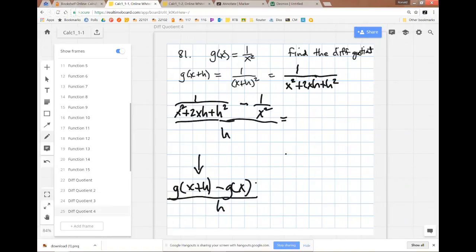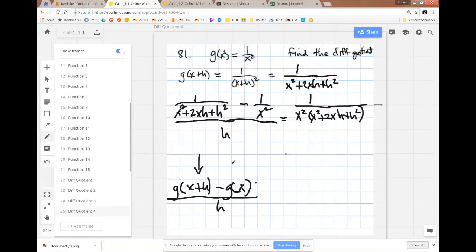In order to get a common denominator, I take this first fraction times x squared, and this fraction over here times x squared plus 2xh plus h squared. So we've got 1 over x squared times x squared plus 2xh plus h squared. So that's the new denominator.